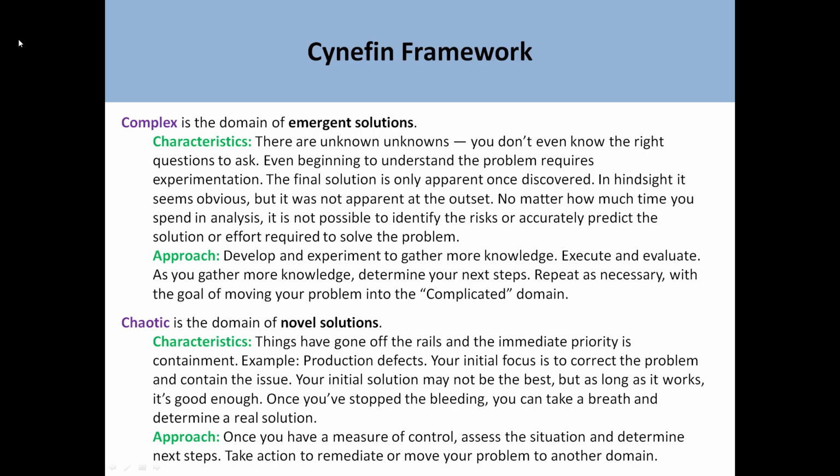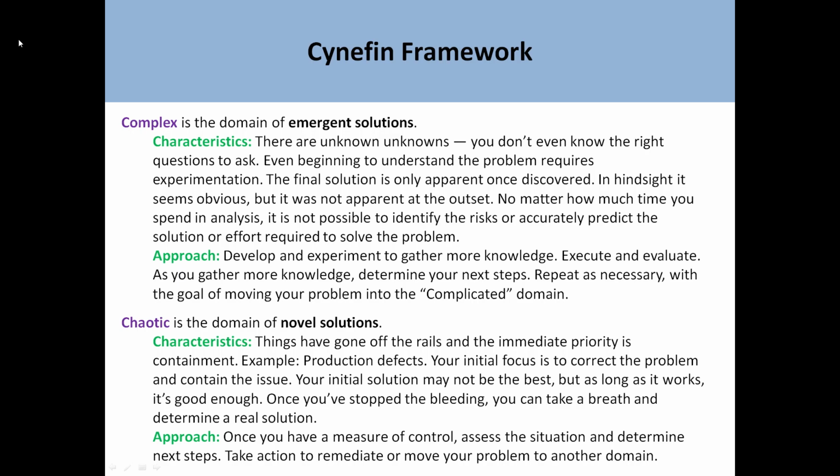So basically, friend, when we talk about the complex domain, we are talking about the unknown. That means you don't know anything. In that situation, you will do experimentation, and based on the experimentation, you will repeat the steps and take some action accordingly.